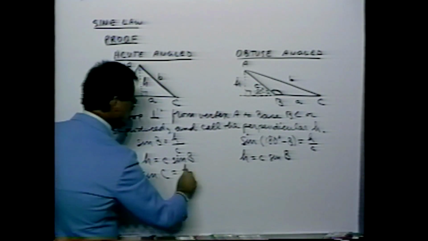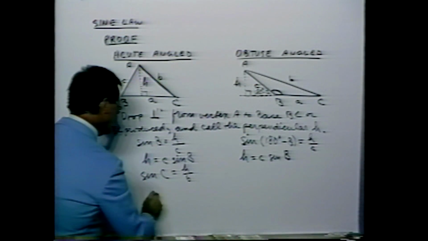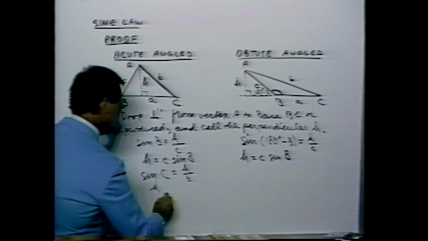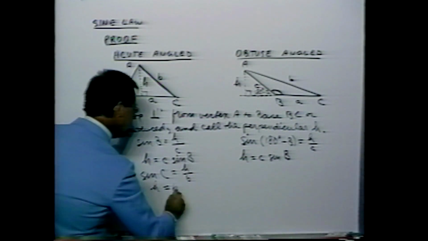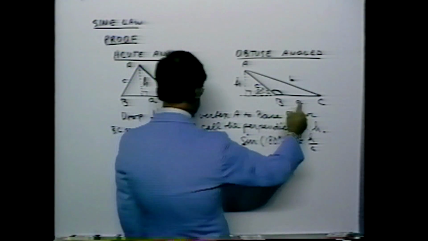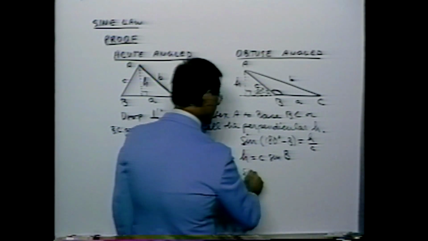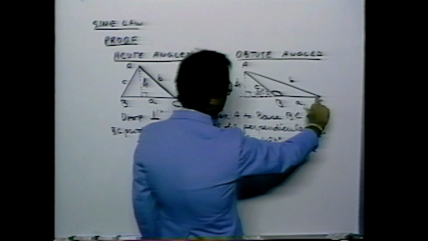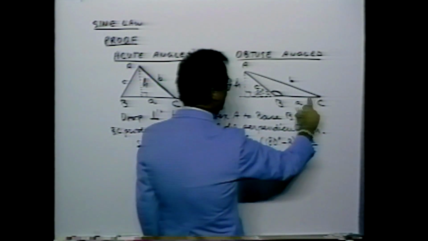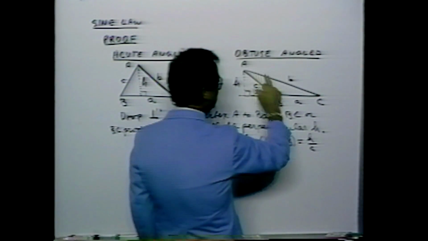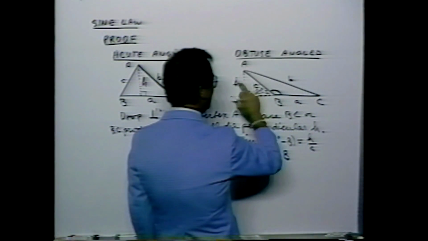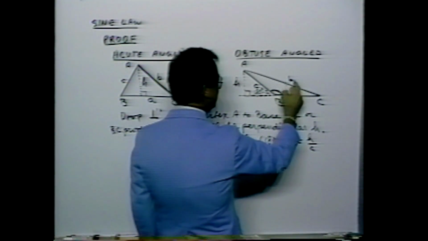Again, the sine of C in this diagram, using this other right-angled triangle, is equal to h over b. And consequently, multiplying through by b, h is equal to b sine C. On this side, here is the large right-angled triangle involving the angle C. The sine of C, this angle, is the opposite side h over b.